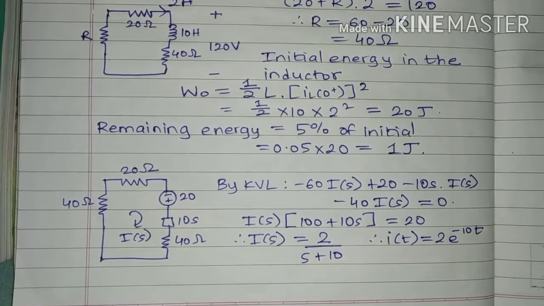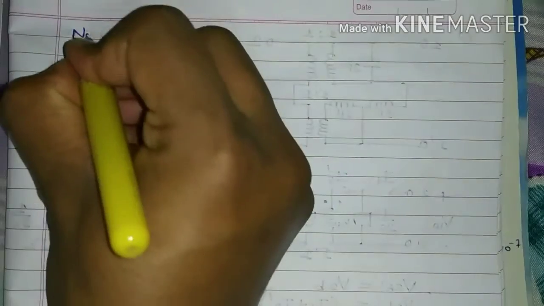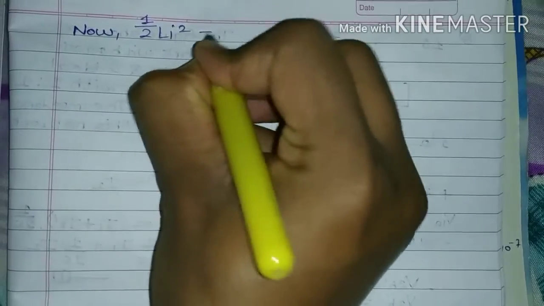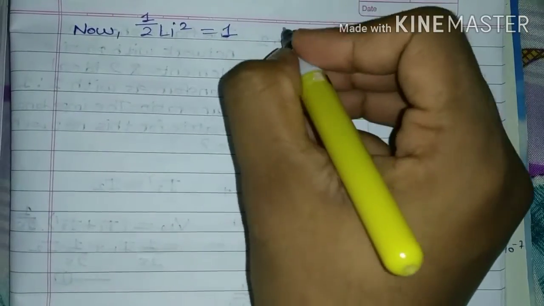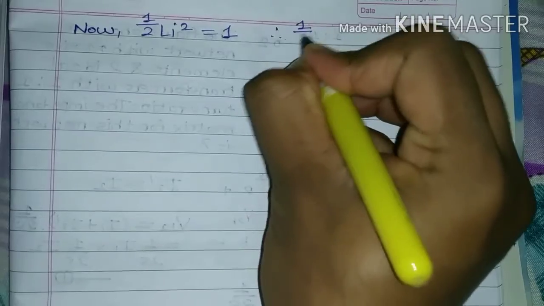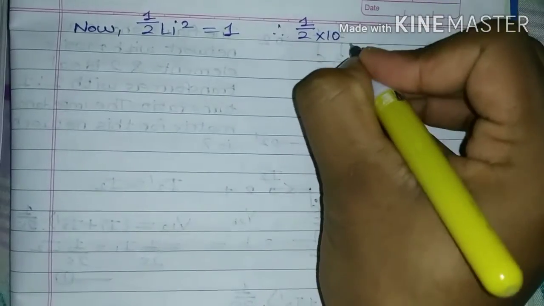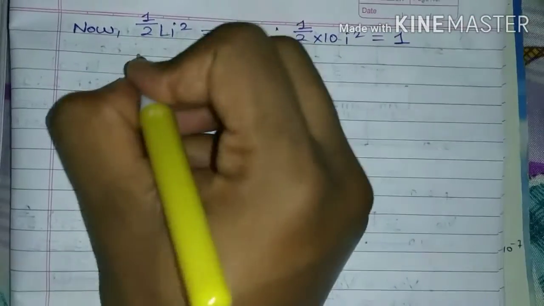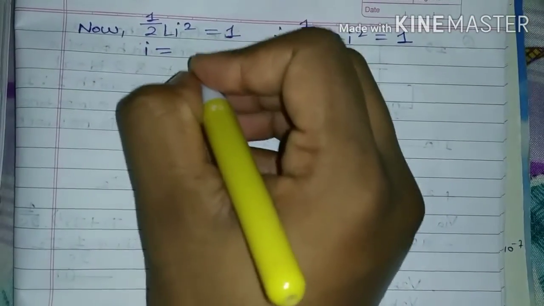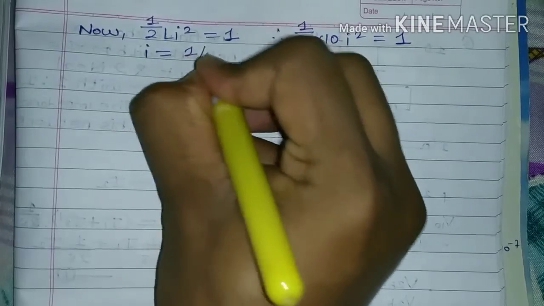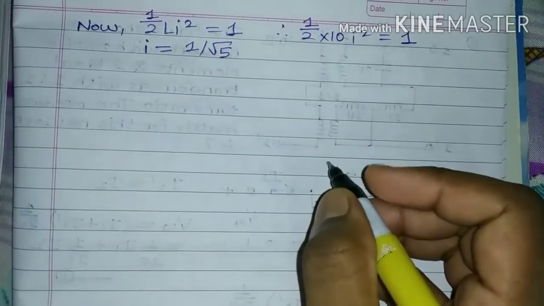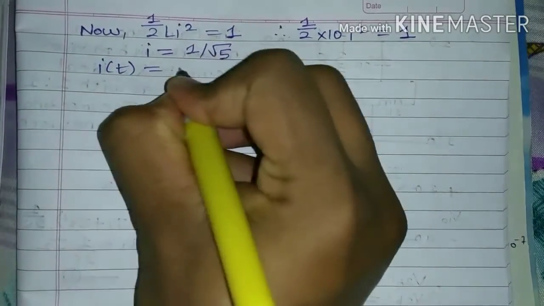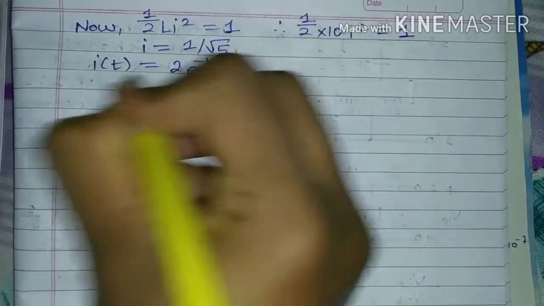Since the energy remaining in the inductor is 1 joule, half into L i square will be equal to 1 joule. That is, half into 10 into i square is equal to 1. Hence i will be equal to 1 upon root 5. But we know that i of t is equal to 2 into e raised to minus 10t.